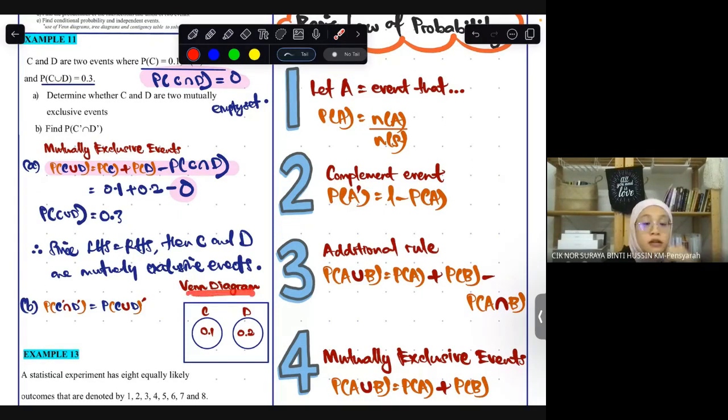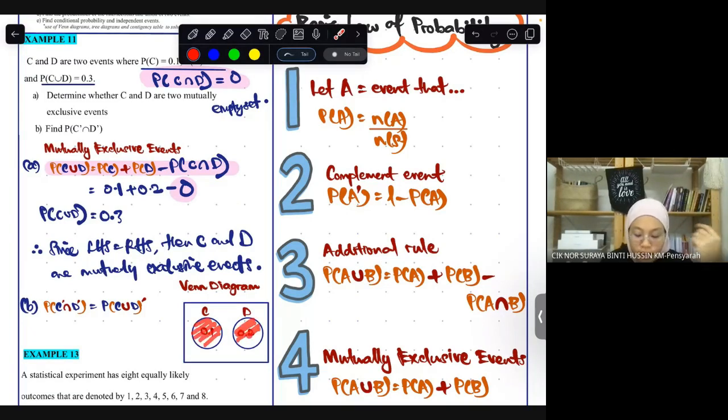I think you have heard of Venn diagrams. For this Venn diagram, the drawing must be separated. It cannot be drawn overlapping. What I mean is that we cannot use the Venn diagram that has an intersection area, because they are mutually, literally different things.